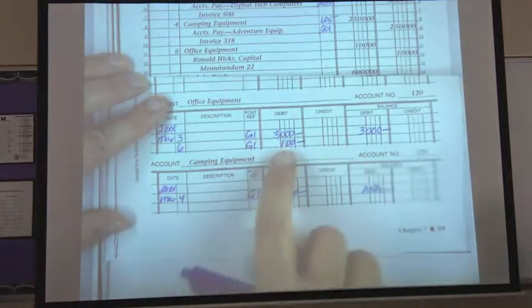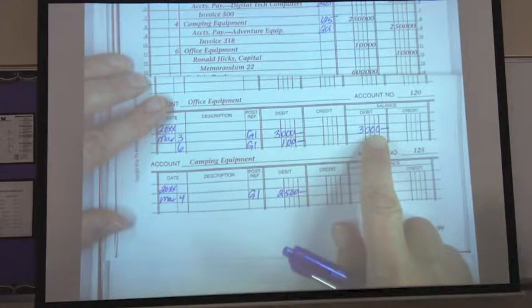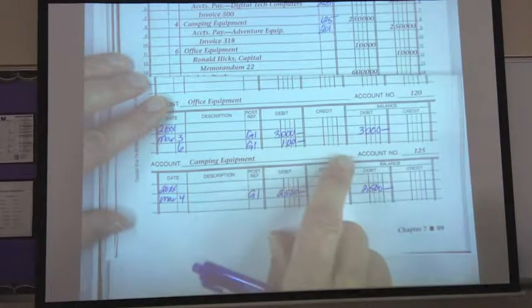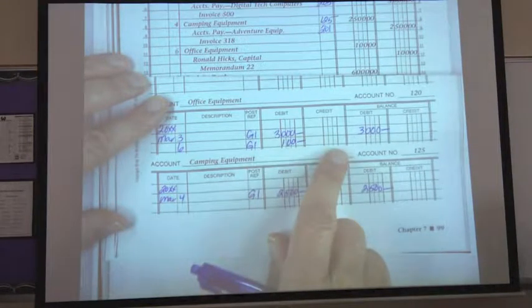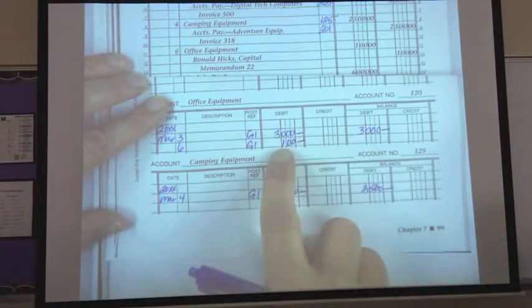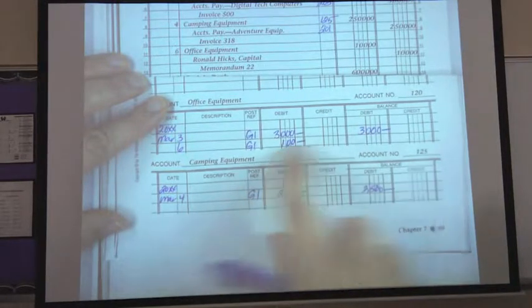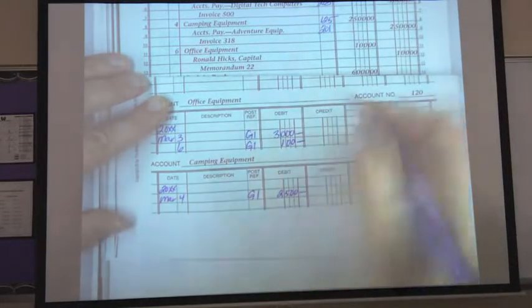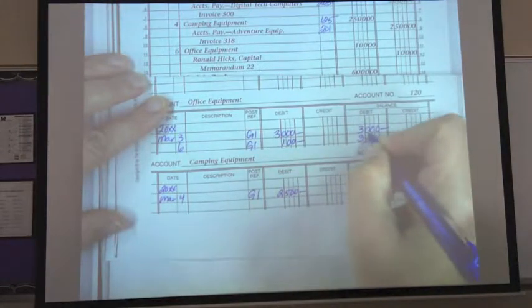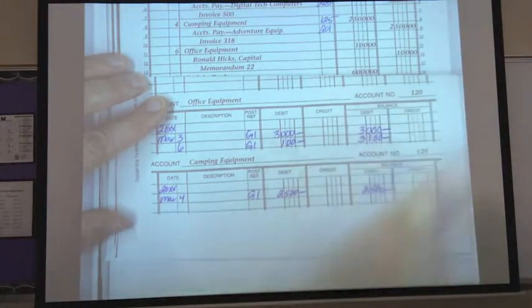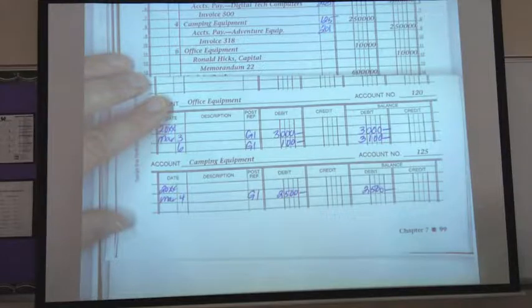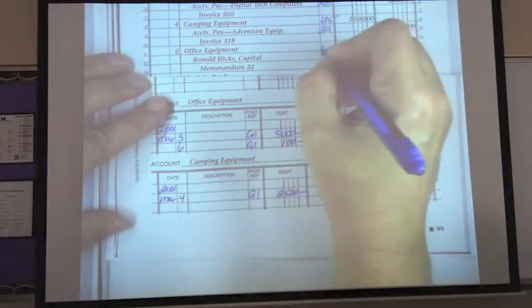Prior to this transaction, we had $3,000 worth of office equipment. Do we increase office equipment on the debit or the credit side? Well, you increase it on the debit side, so we're going to increase our balance by $100. Our new balance is $3,100. And then you would come back over here and write 120.